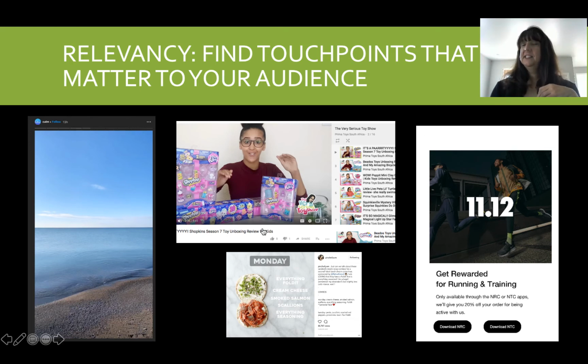I got this little message here from Nike, and I'm one of Nike's customers, and they do this thing where they're going to reward you for running. So in their app, they're talking about how you're going to get reward points, not just for buying their stuff, but for engaging in an activity that aligns with their product.